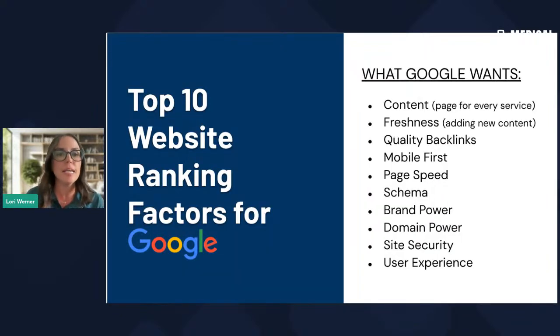All right, so first is looking at the website ranking factors for Google. What does Google want? And what can you do to your website to make sure that you meet as many of these criteria as possible? So first thing is going to be the content. You want to make sure that you have a full page of content for every single service that you have.